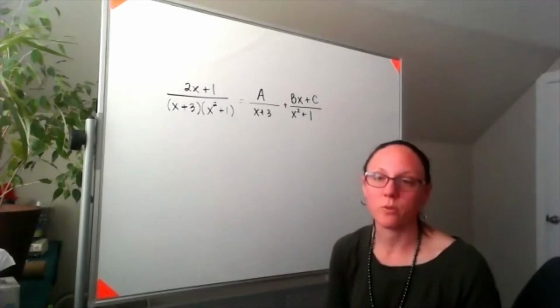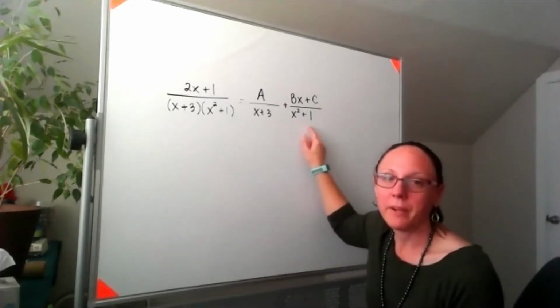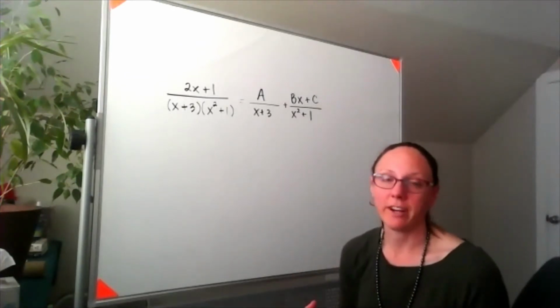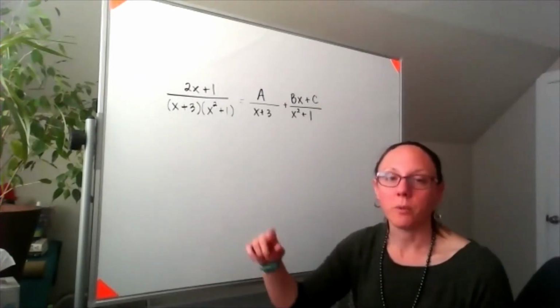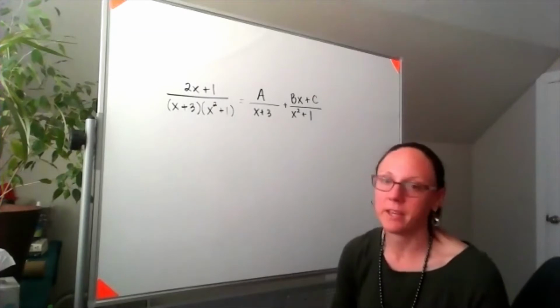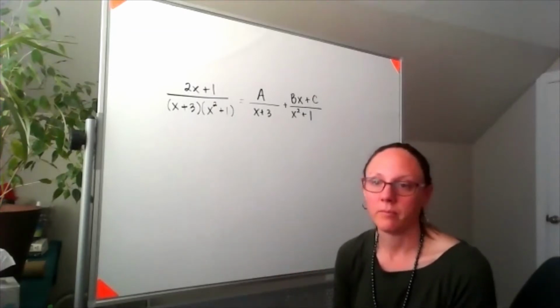So really the thing to remember is that when you have an irreducible quadratic, meaning something with an x squared, but it doesn't factor anymore, then the term that you want to put on top when you're doing partial fractions should be a linear term. Bx plus c, ax plus b, pick your letters, but it should be a linear term on top.